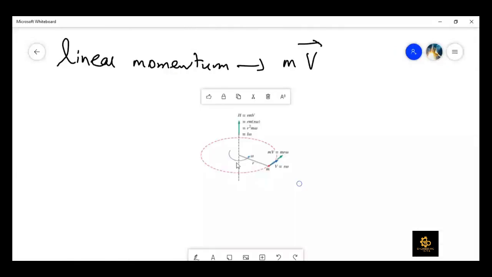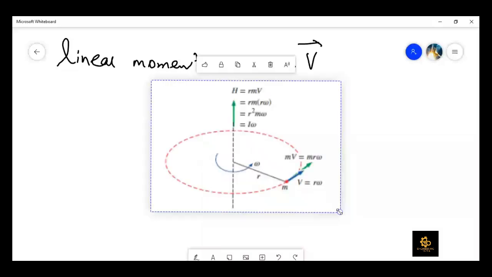Now we can see a point which is moving with tangential velocity v equal to r omega, and it has a moment of that tangential momentum with respect to the moment arm.